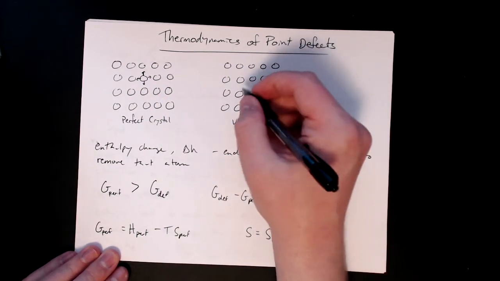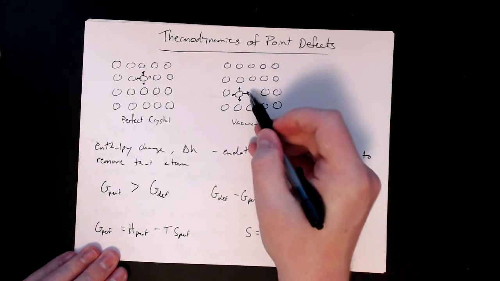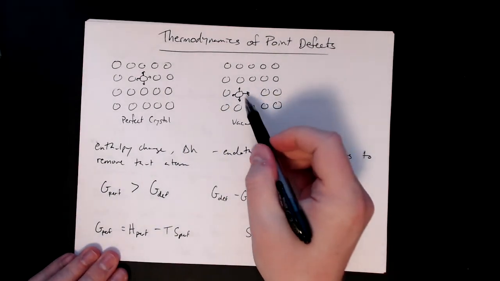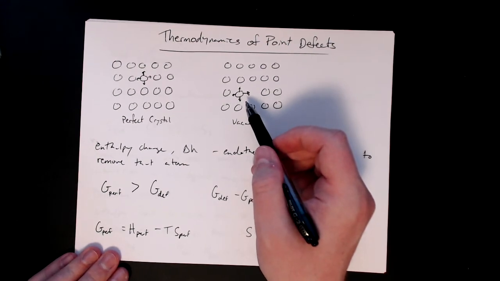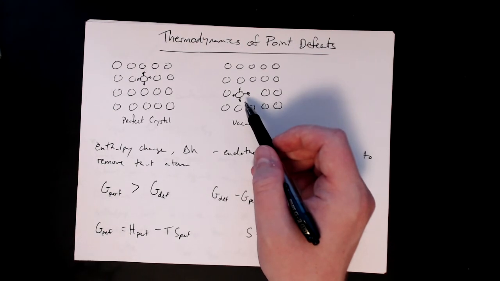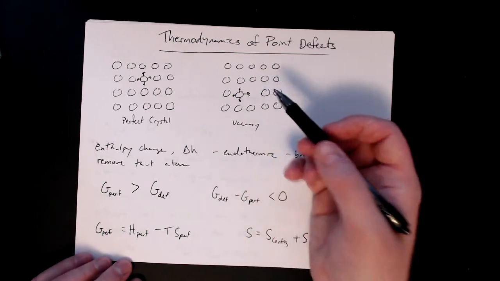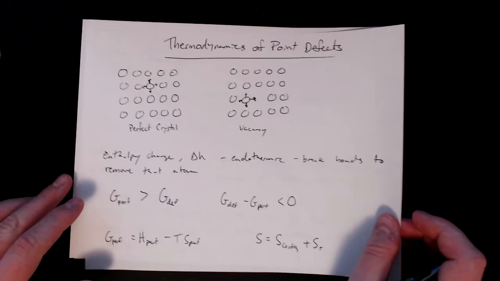Well, if we consider an atom here, this is actually going to vibrate differently over here where there's a vacancy. So the vacancy causes the atoms around it to vibrate in a different manner. That's what we have to consider for the thermal entropy. So let's go ahead now and look at the total effect of this.